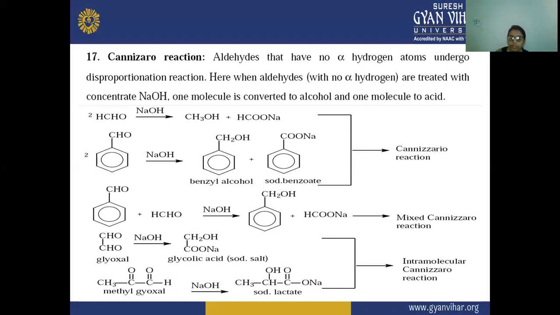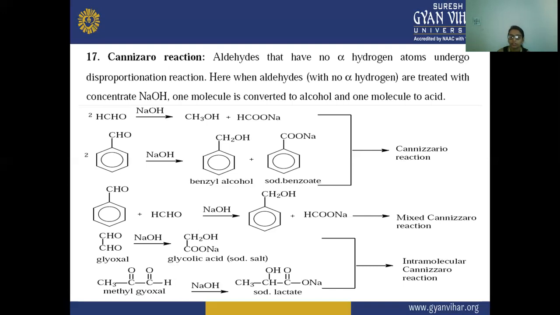So this is the mixed Cannizzaro reaction. Next is glyoxal, which has two CHO groups bonded to each other, and they react in the presence of concentrated NaOH, and there is a formation of glycolic acid.